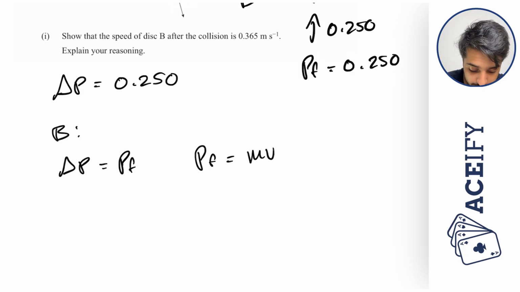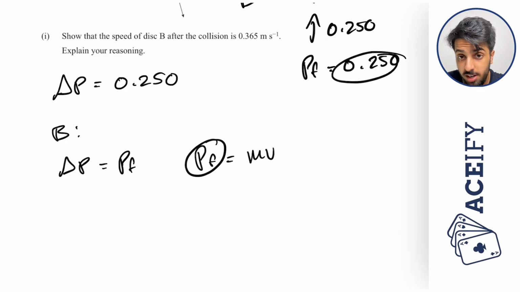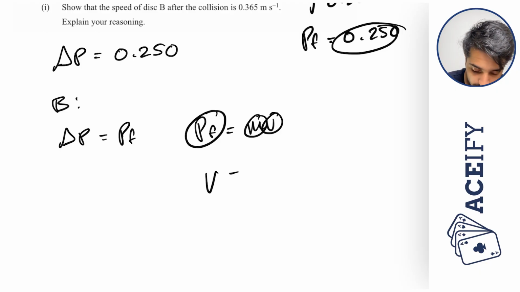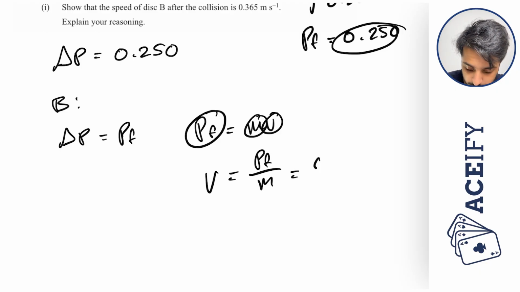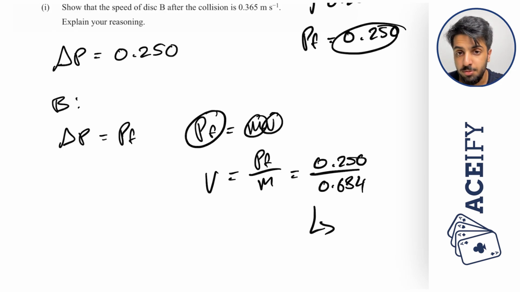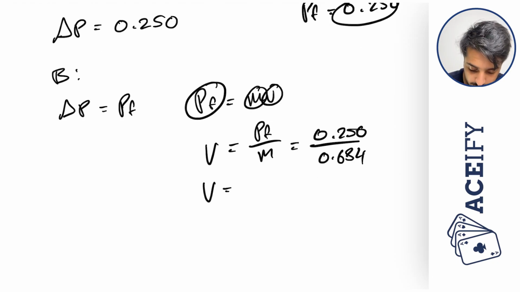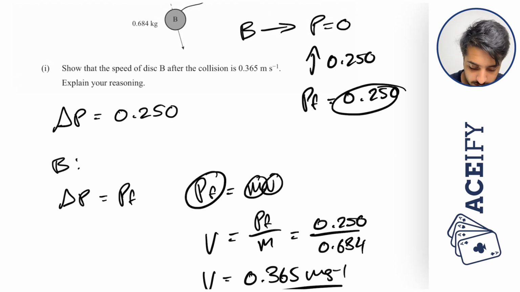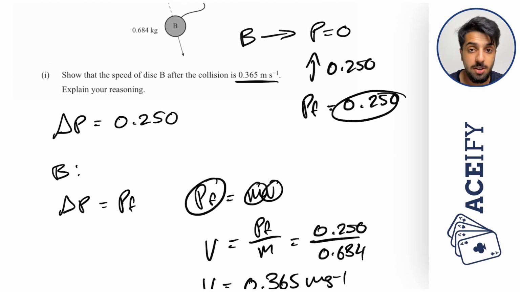And now that we know that the final momentum is 0.25, and we know the mass of B, we can now rearrange for its velocity. And so its velocity is equal to the momentum finally all over its mass. And so therefore 0.25 all over 0.684. This gives us a velocity of 0.365 meters per second. And as you can see, that is the velocity that we're trying to find.